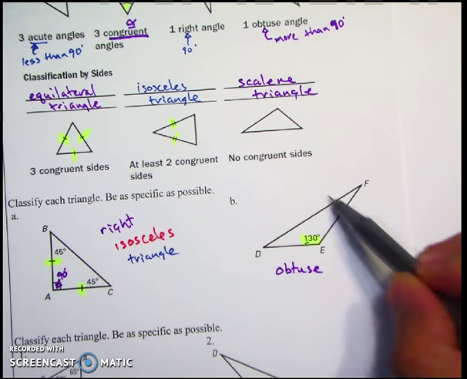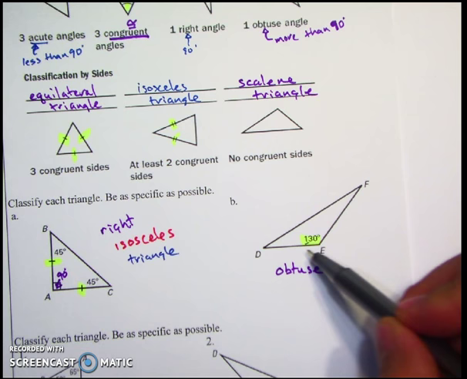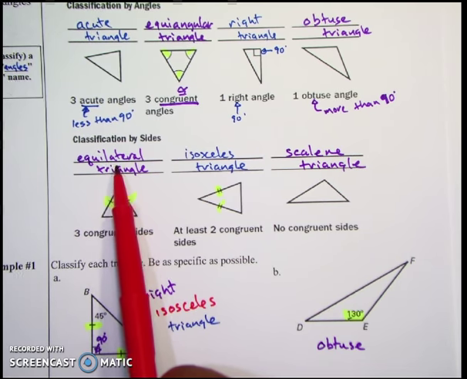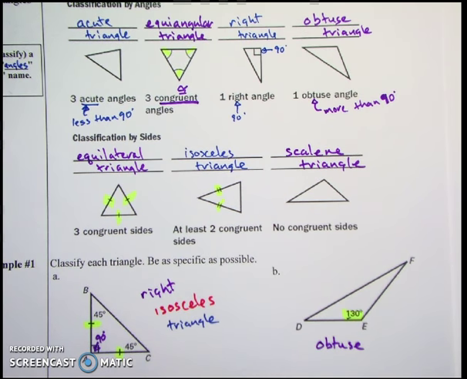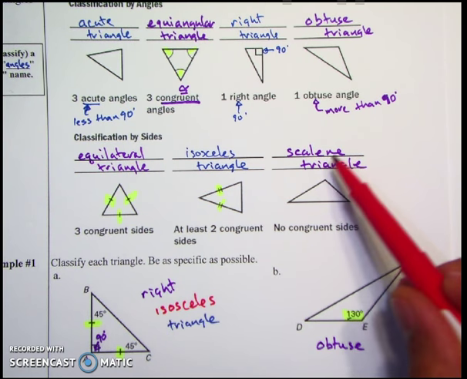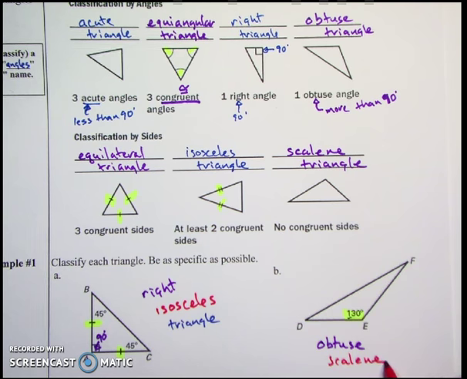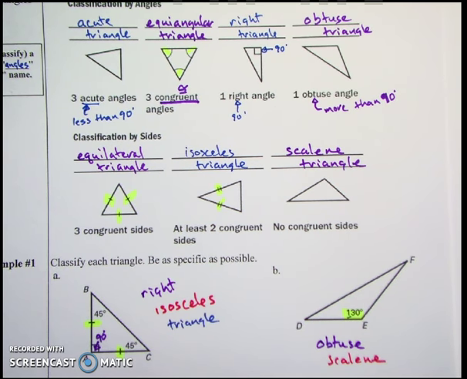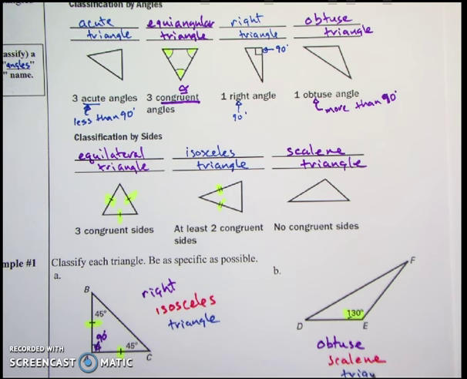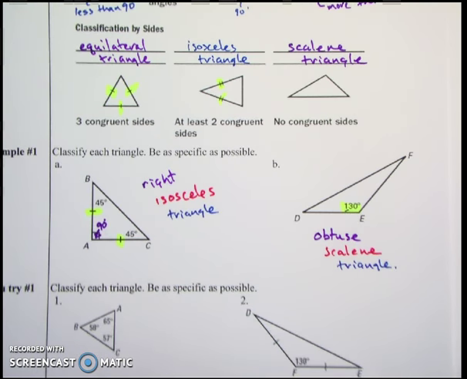Are these sides the same? No, none of them are marked to show they're the same. Since none of them are the same, which one should it be? Equilateral, isosceles, or scalene? It should be scalene, because none of them are the same. So this one is called an obtuse scalene triangle. So go ahead and try the next two on your own.